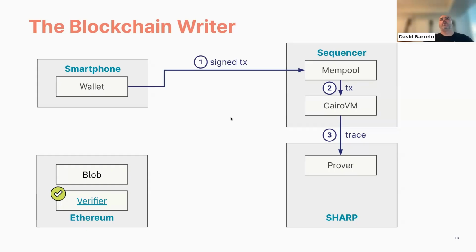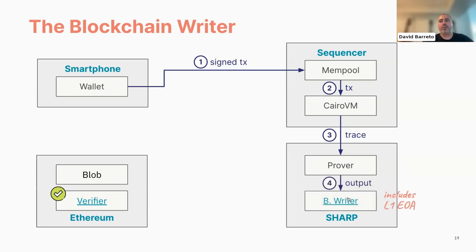One thing that I haven't mentioned yet is that Sharp is more complex than just having a prover. Some of you pointed out that in order for Sharp to talk to Ethereum or send transactions, it needs to have an externally owned account, right? You need to sign an Ethereum transaction in order to execute the verifier.